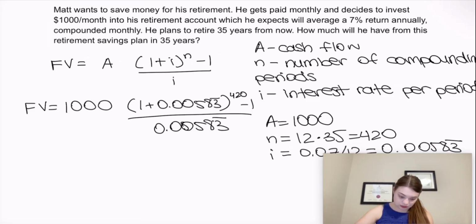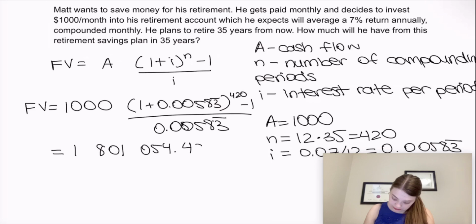First I'm going to punch in 1.00583 repeating to the power of 420, minus 1, divided by 0.00583 repeating, and then last but not least, times 1,000, and I get $1,801,054.43.